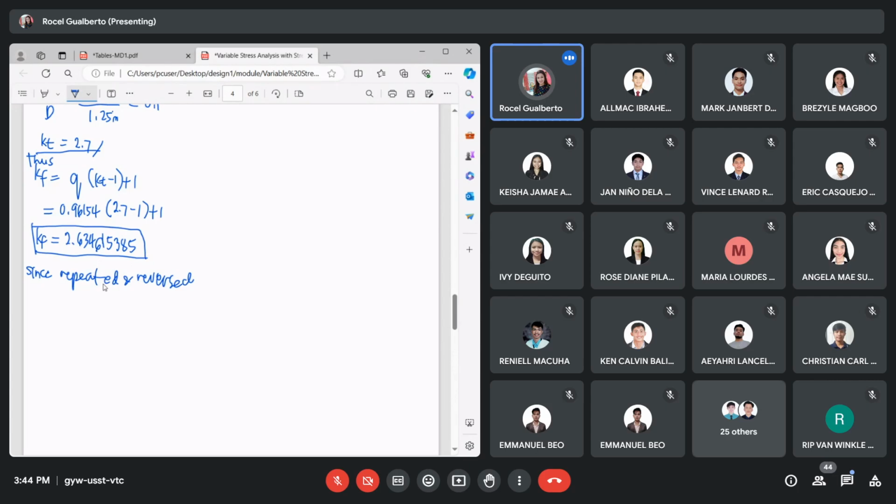Kapag po nagsama yung dalawa, alin pong property yung will prevail? It will be the reverse stress. So, reverse will prevail. What is the property of a reverse stress?